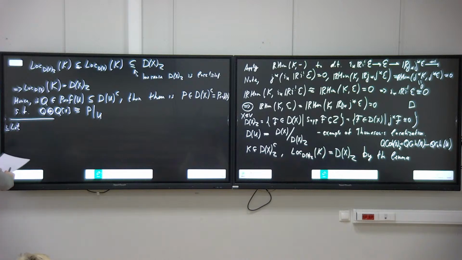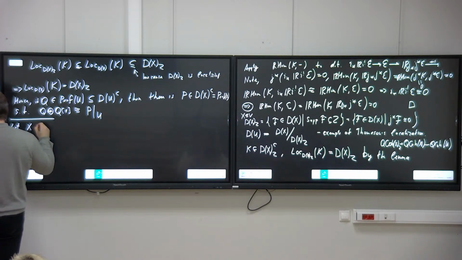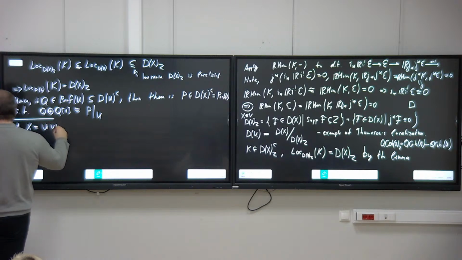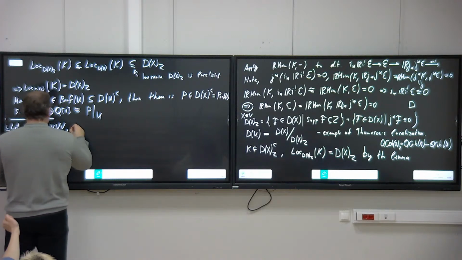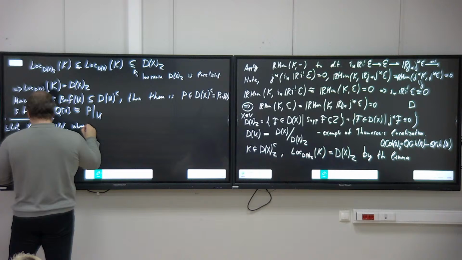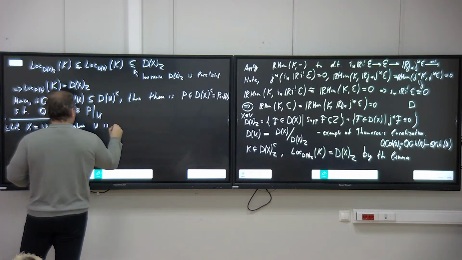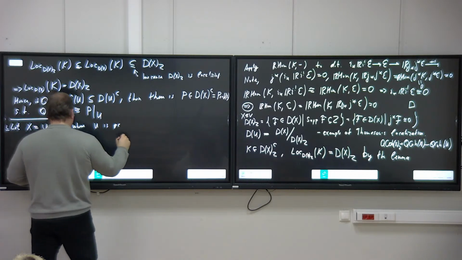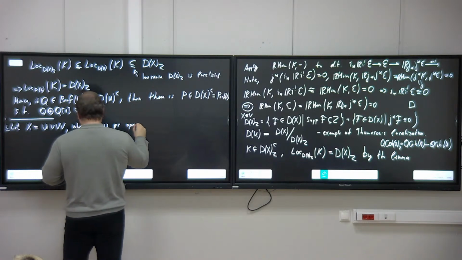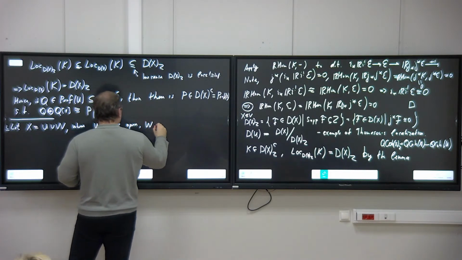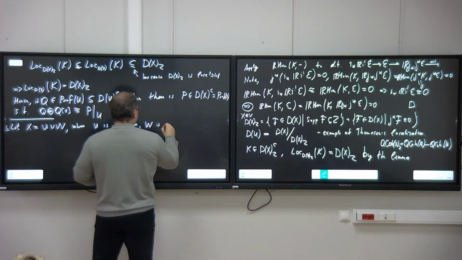Okay, so let me in the next lemma assume that I have X being a union of two open subsets, so union of U and W, where U is a quasi-compact open subset and W is an affine open.